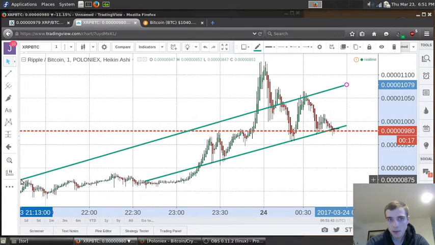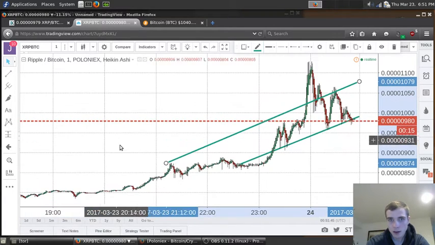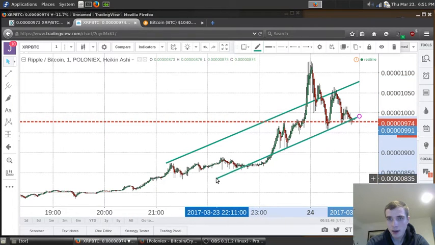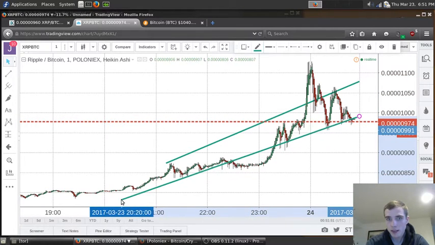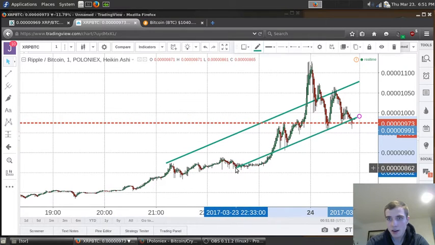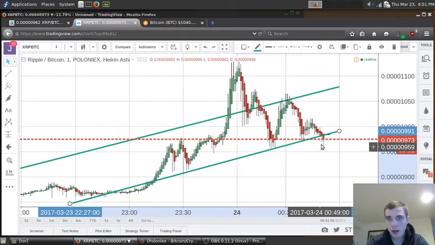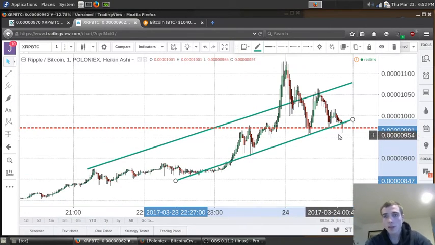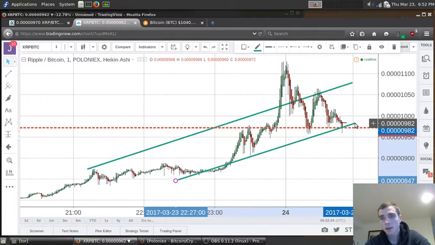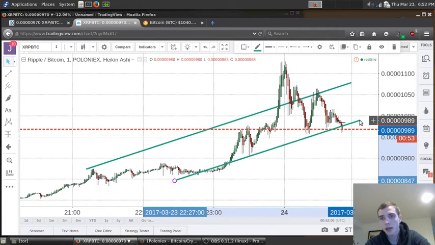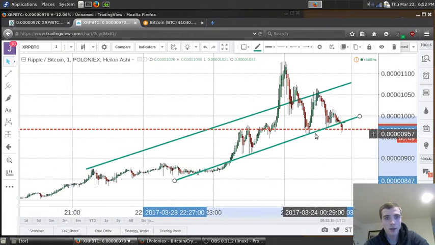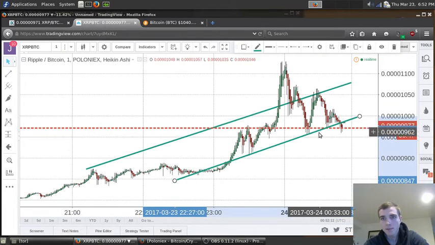Let's see if that becomes a true theory. See what I'm doing? I'm just looking at the market, seeing how it's moved in the past, deciding on theories as to how it might move in the future, and then planning around it. So I have my entries. I'm looking for heavy fallout. Basically it's below my entry trend line, so I'm at a small loss in this trade right now.